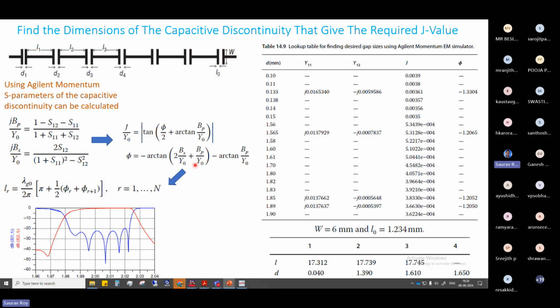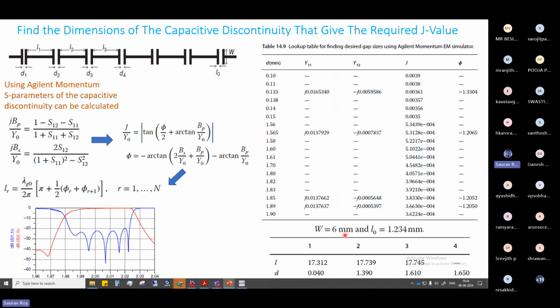But the problem is, because we don't know what gap to begin with, we don't know actually. So these steps are actually hypothetical. So basically what we have to do is follow this lookup table here, and pick some width and L0.